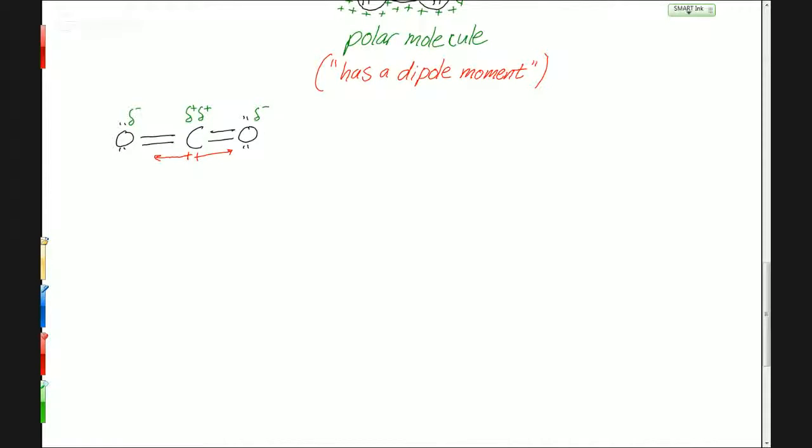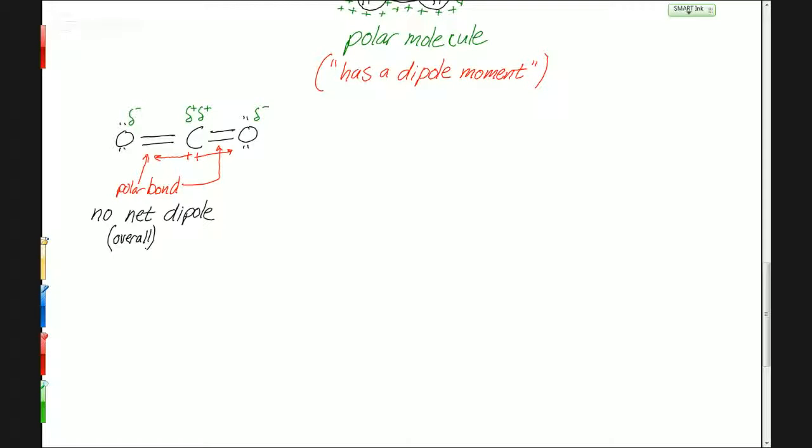So we would say that, yes, each bond is polar. So this is a polar bond. But there is no net dipole. Net meaning overall. When we add everything together, they cancel each other out.